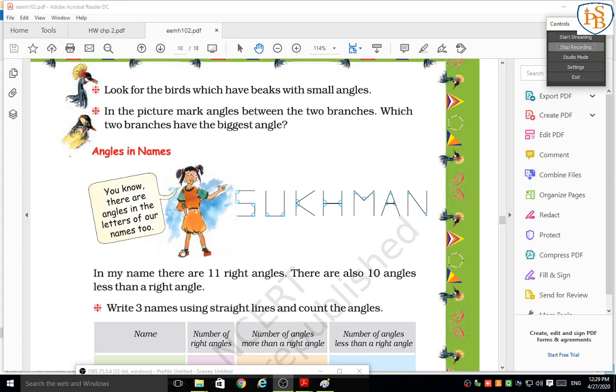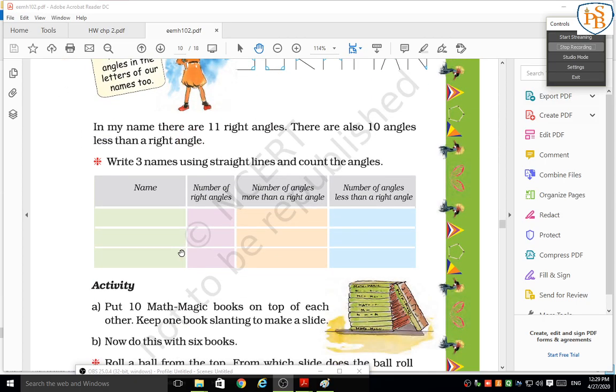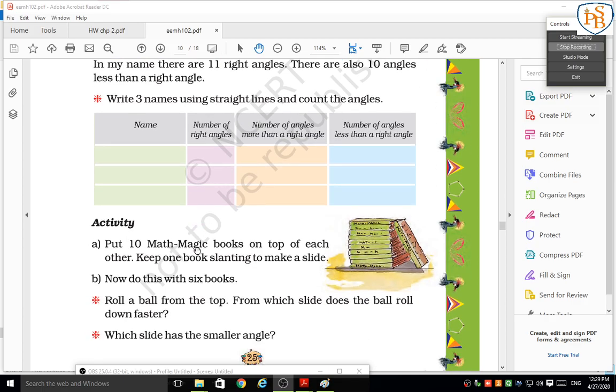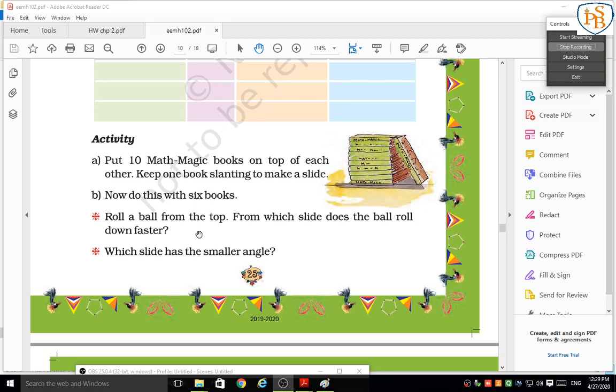There were lots of activities. Then I gave you one homework, where I gave you names, like Rohini, Mohini, Sita, and you have to find out the number of angles: right angle, less than right angle, and more than right angle.